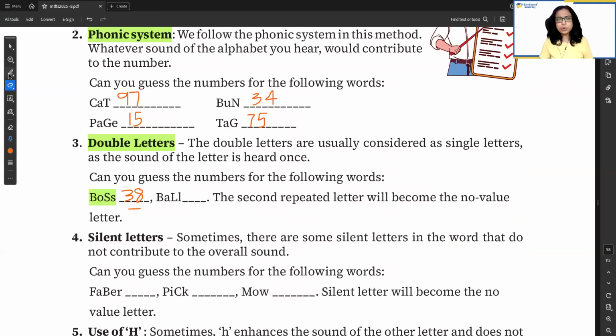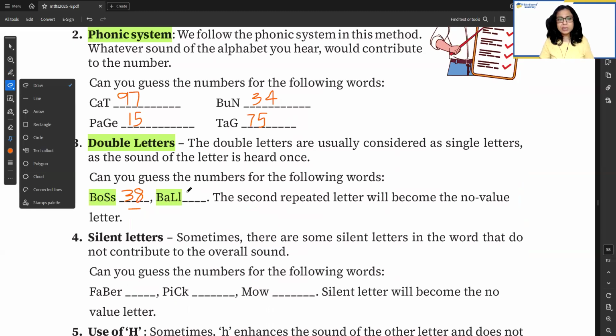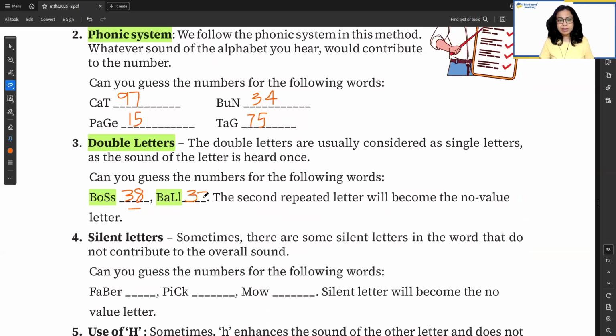So we just follow the protocol that double letters are single. Ball. I'm writing B-A-L-L, but I don't say ball-l. No, it's just ball, single L, right? So what is it? It is 37. The second repeated letter will become the no value.